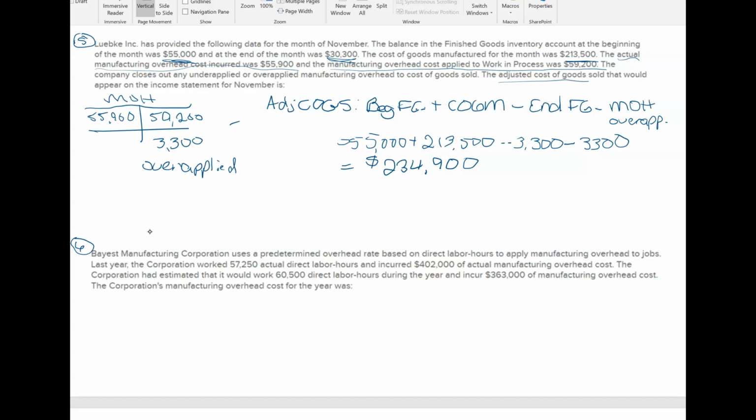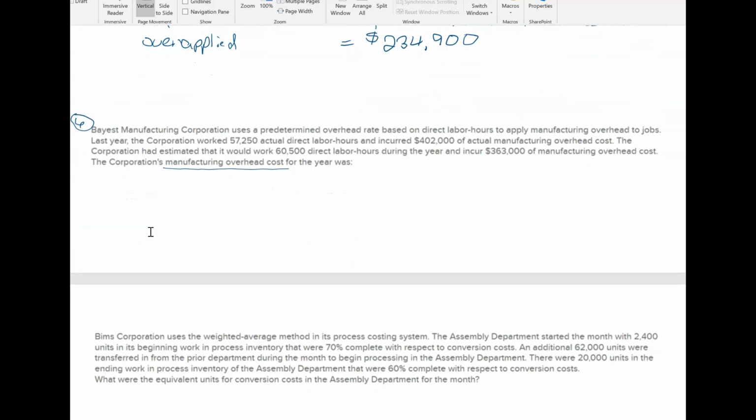Okay, number 6. We want to calculate the corporation's manufacturing overhead cost. So before we can figure out what their overhead cost is, we have to calculate, of course, our predetermined overhead rate.